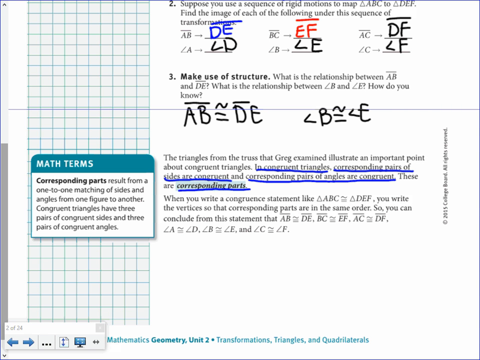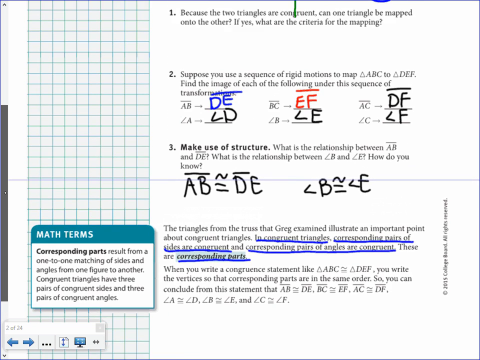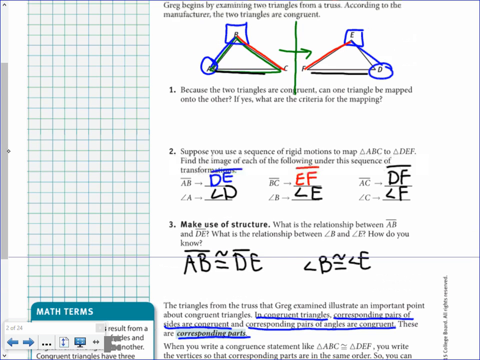And those are your corresponding parts. So if I go back up to this figure for just a moment, angle A corresponded to angle D. And so that means that angle A is congruent to angle D. Because we know we have congruent triangles, we know A and D are corresponding. And that means that we have corresponding parts, and that means they have to be congruent.